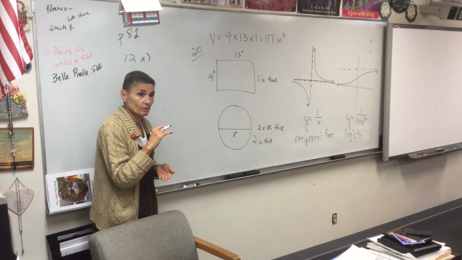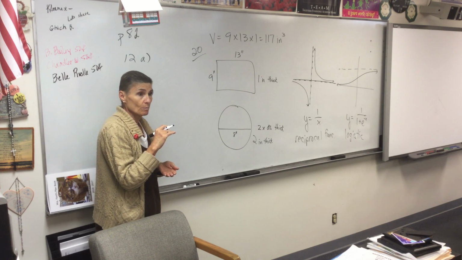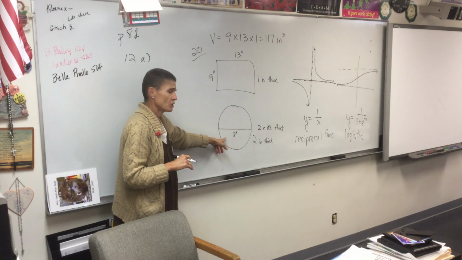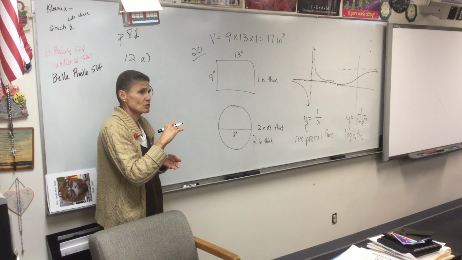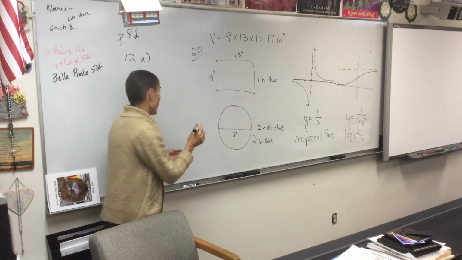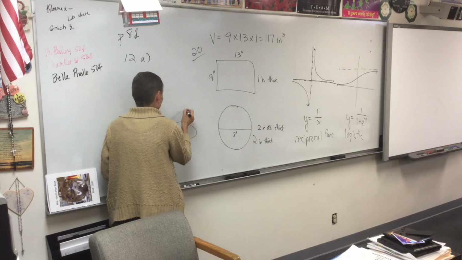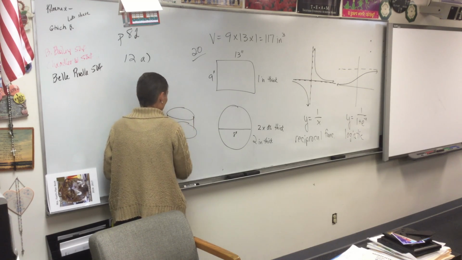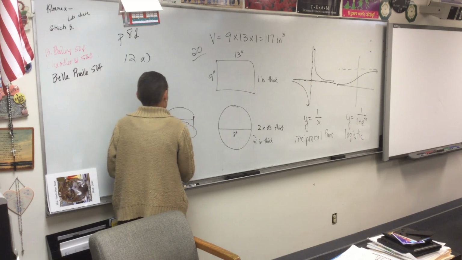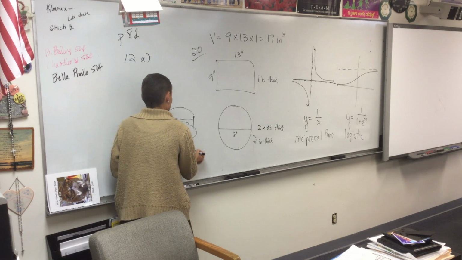Now, what if I bought the other kind? It's not a box like this. What shape is this going to be? That cake, imagine that cake. What shape is that going to be? Well, certainly it's got a circle on the bottom and a circle on the top. What shape is this? A cylinder. We're almost out of time, so I'll give you the formula.